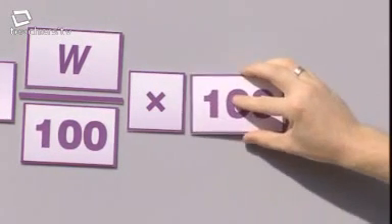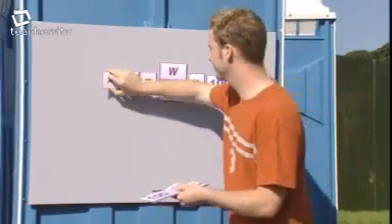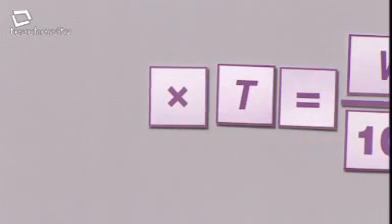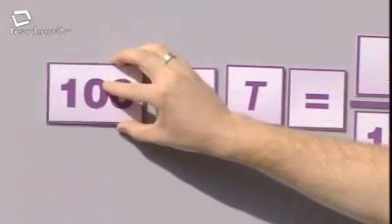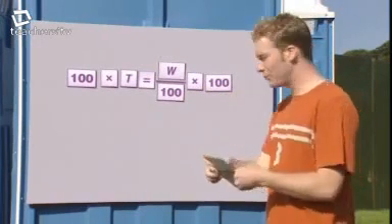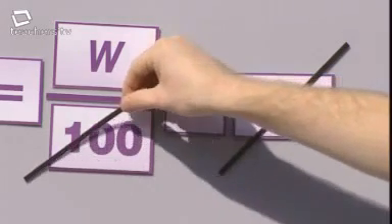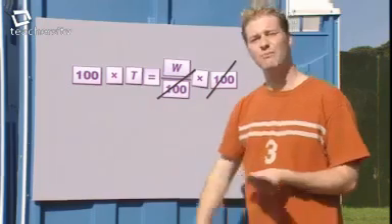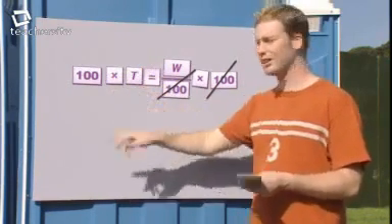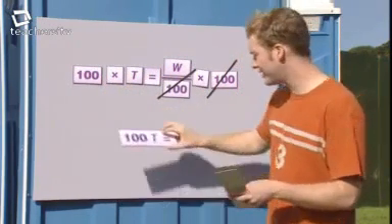Remember, the key to rearranging formulae is whatever you do to one side, you must do to the other. But we can simplify this because the hundreds on the right-hand side cancel themselves out. And I can remove the multiplication sign from the left-hand side because 100 multiplied by T is the same as 100T.